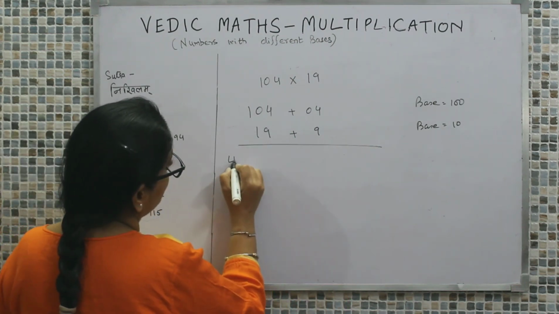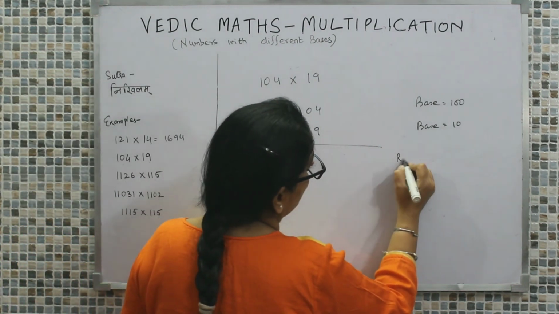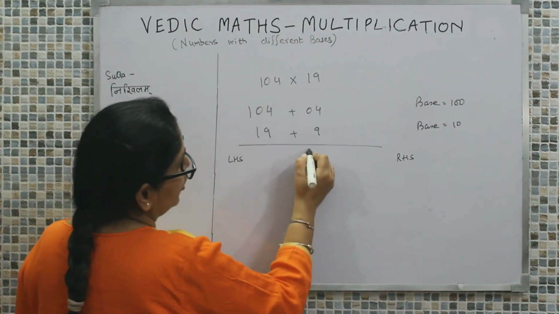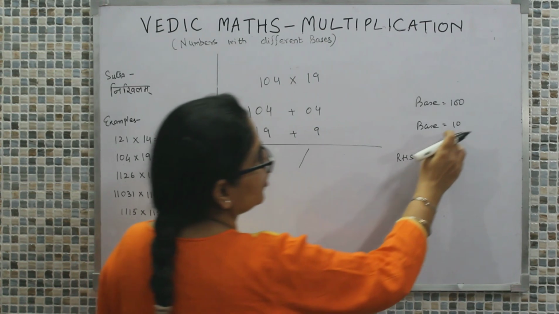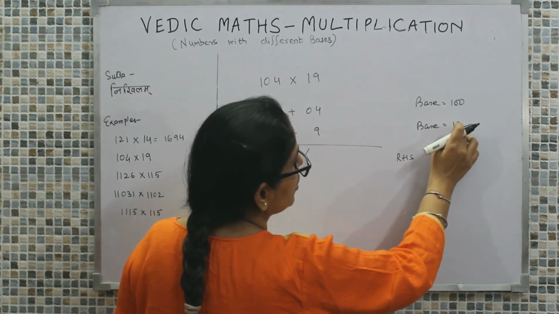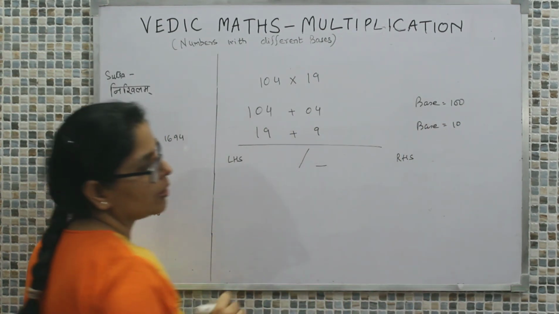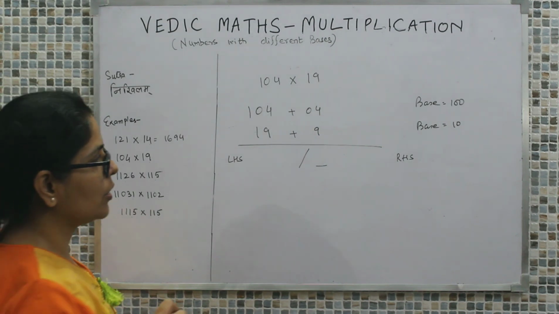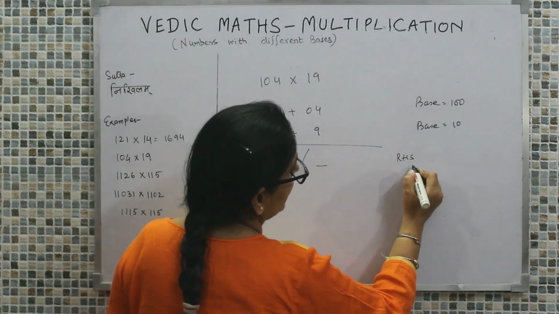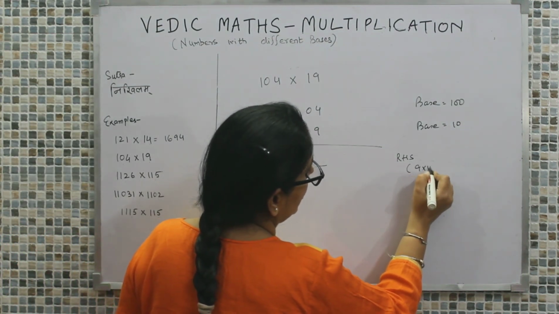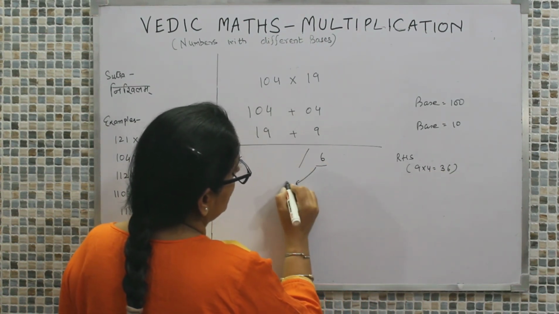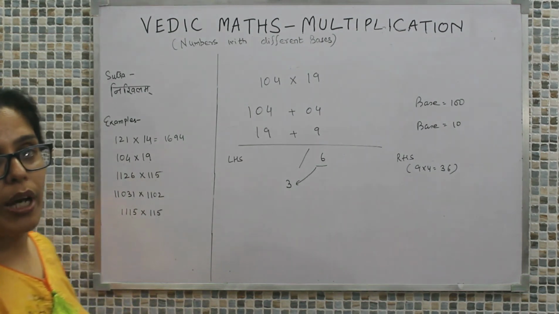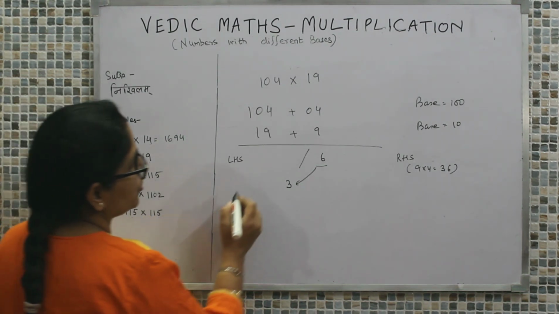Next we have the LHS and the RHS part. Now identifying the number of places in the RHS part, the RHS will be the smallest of these two values. Smallest is 10. 10 means only a single place has to be retained in the RHS part. So first solving the RHS part, we have 9 into 4, and 9 4s are 36. 36 means 3 will be overflow and this will be considered in the LHS portion.